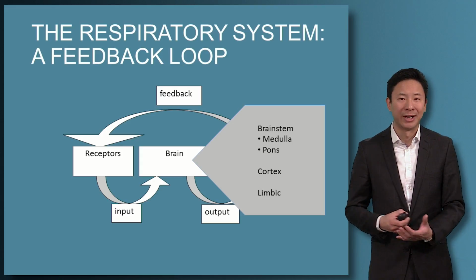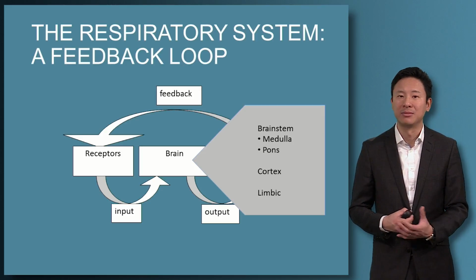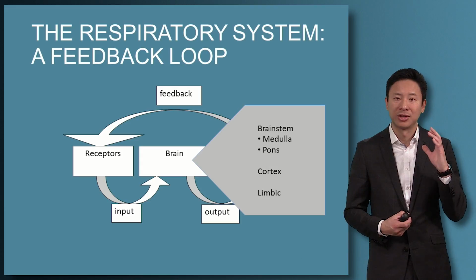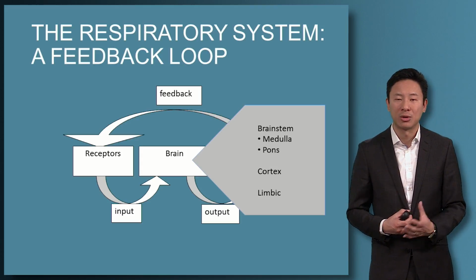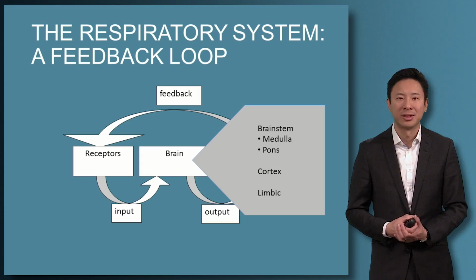There are several parts of the brain that are involved in respiratory control. In particular, there's the brainstem, and within the brainstem, two particular areas called the medulla and the pons. Up higher is the cortex, and so the cortex of the brain also has some control over the respiratory system. And finally, the limbic system in the brain also contributes to respiratory control.